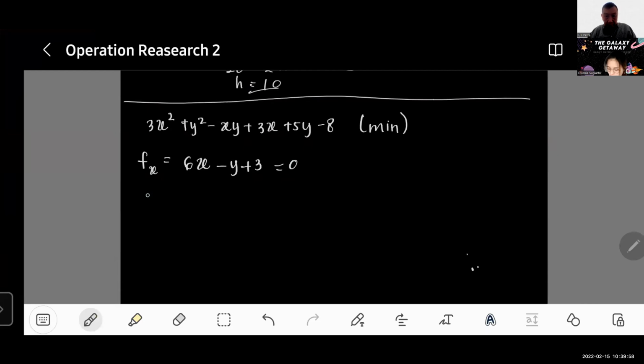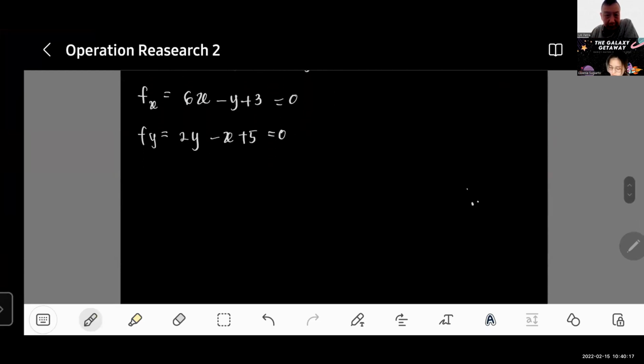And then for y, it is 2y minus x plus 5, equal to 0. You can use substitution or you can use a matrix.